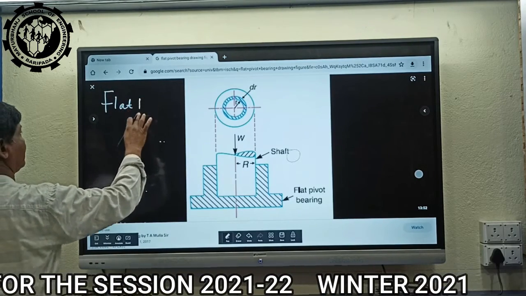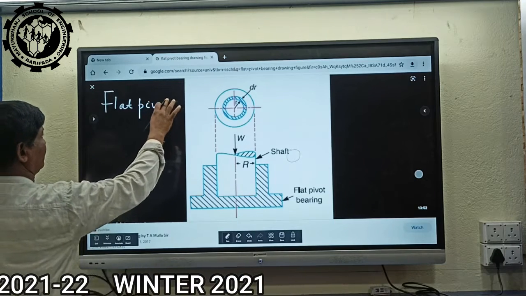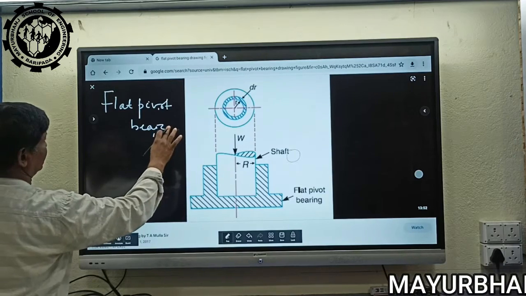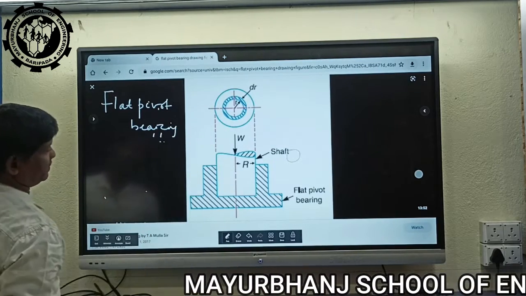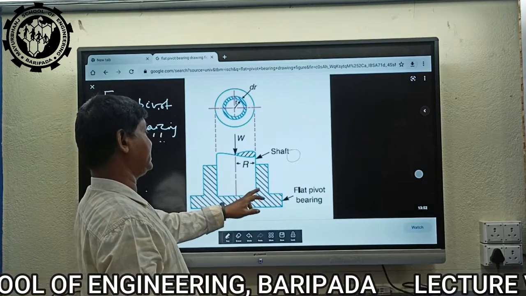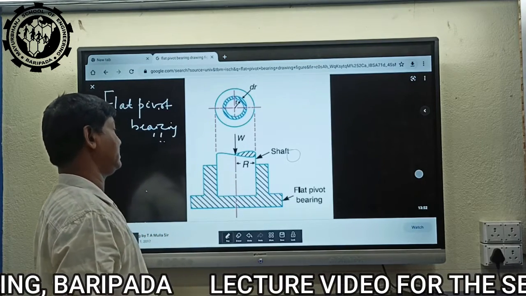Flat pivot bearing. This is the figure. One shaft is rotating inside a bearing.